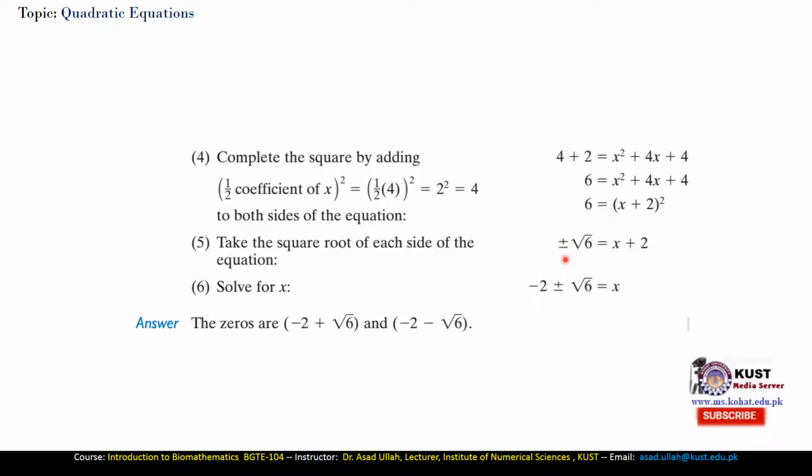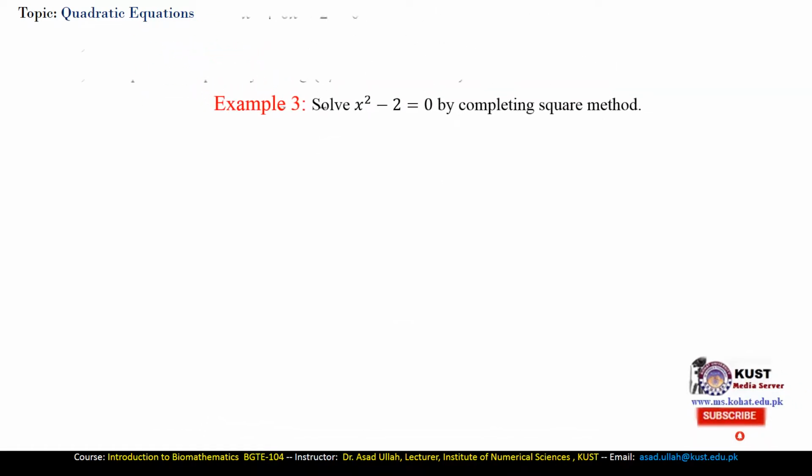Now shifting 2 to the left side, we get x is equal to minus 2 plus minus square root of 6. So we get two roots, that is, x is equal to minus 2 plus square root of 6 and minus 2 minus square root of 6. A quadratic equation always has two roots because this is a polynomial of degree 2. So the two zeros are minus 2 plus square root of 6 and minus 2 minus square root of 6. Zeros means the solutions of the given quadratic equation.